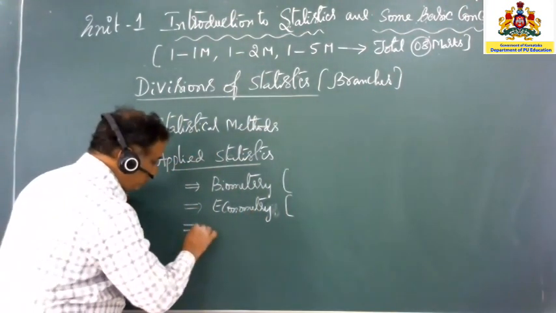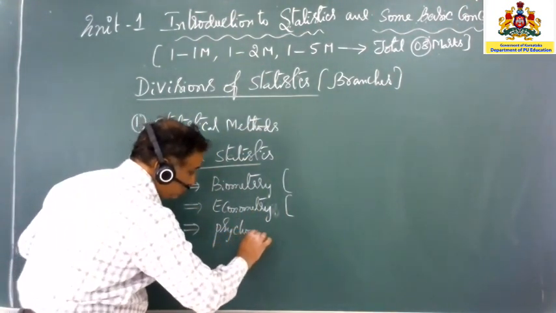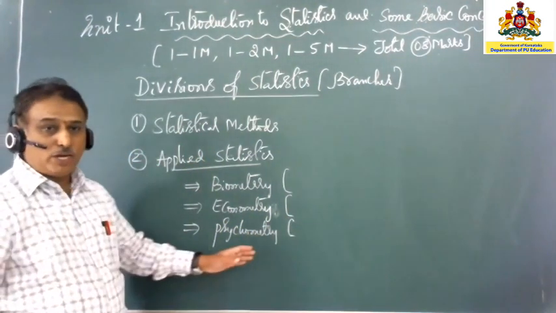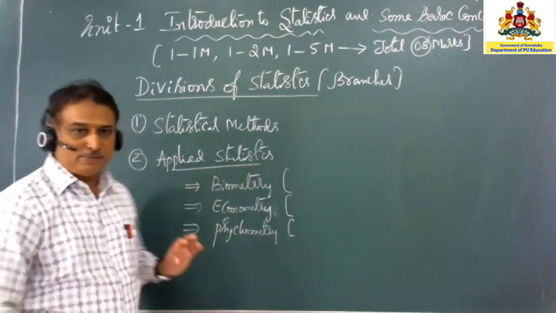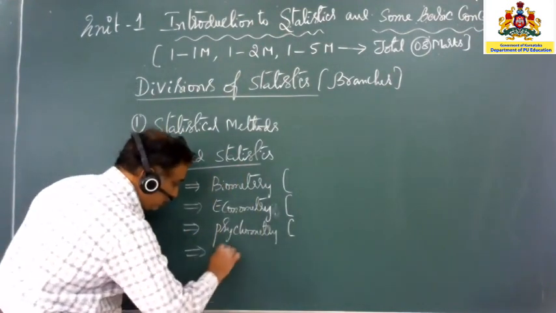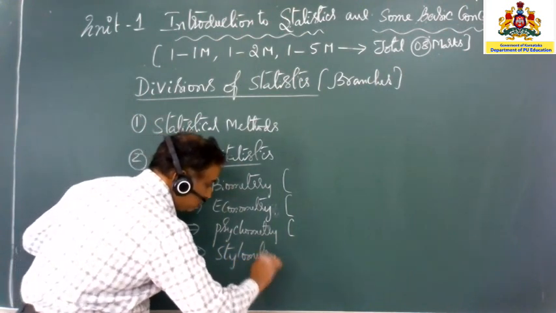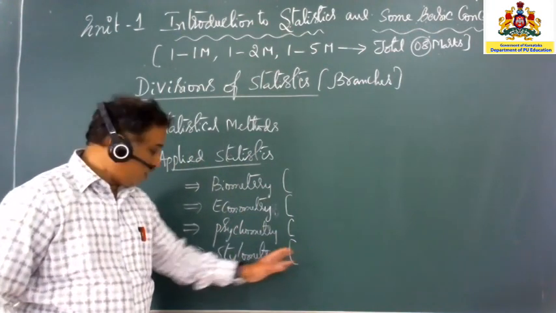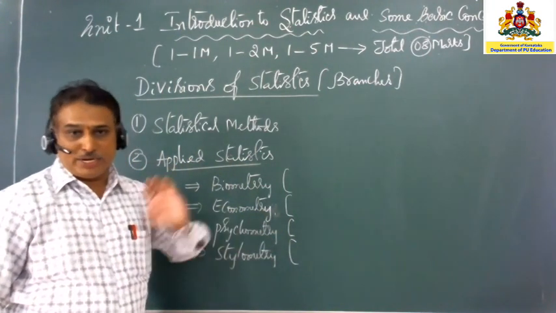Next, psychometry. Here we are applying the statistical techniques in the field of psychology. Stylometry. Here also we are applying the statistical techniques in the field of literature. That's why it is called stylometry.